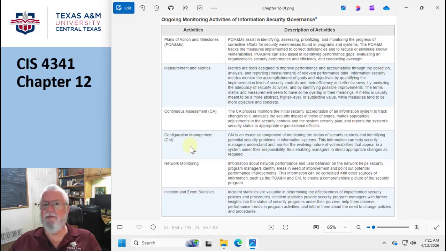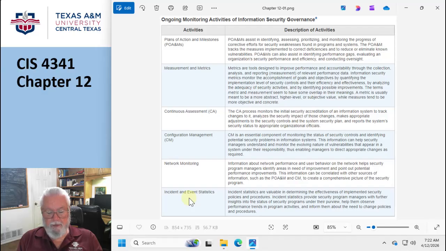Configuration management: every single change that happens to the system really ought to go through a rather rigorous set of rules to make sure this change doesn't affect something else. And then monitoring, and incident response. You've got to have statistics on the number of attempted break-ins, for example, to find out how effective your tools are.